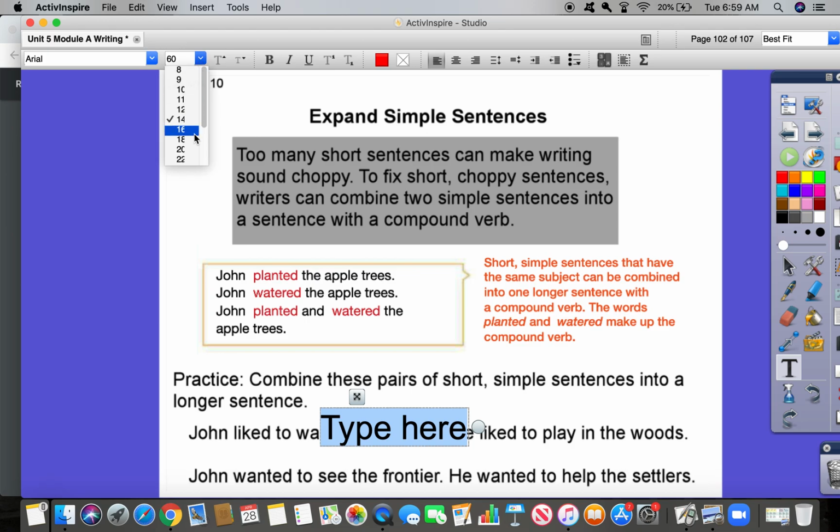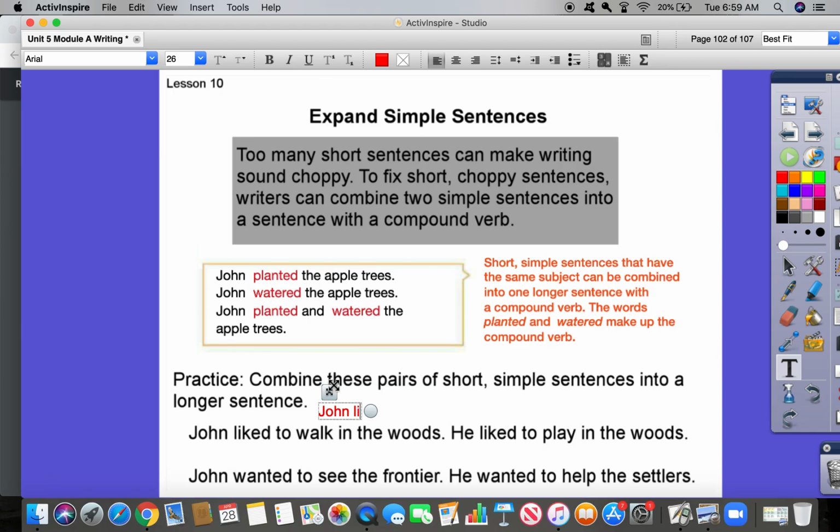Let me make this a little smaller. Okay, so John liked to walk and play in the woods.